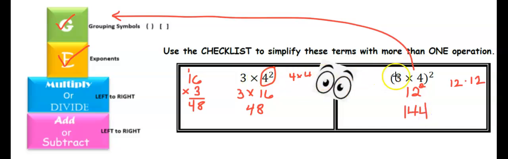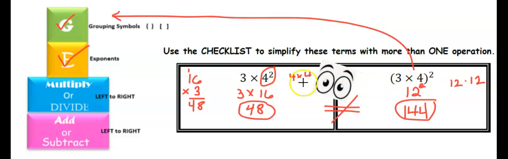So even though these 2 problems looked very similar, those parentheses around the 3 and the 4 change our answer. You don't get the same thing. These 2 expressions are not equal, even though they look like they might come out equal because they have the same numbers and they both have multiplication and they both have an exponent.